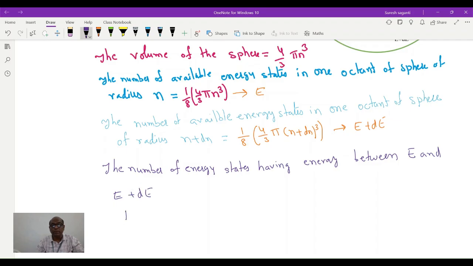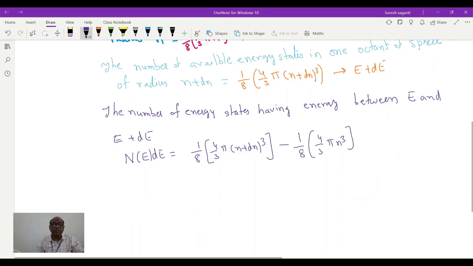That we are going to represent with N of E dE, which is equivalent to 1 by 8, 4 by 3 pi n plus dn whole cube minus 1 by 8, 4 by 3 pi n cube.